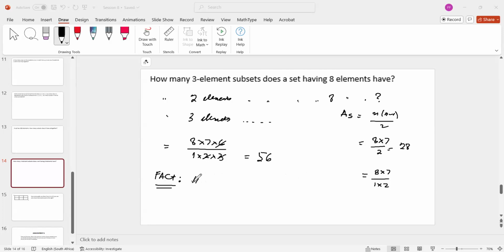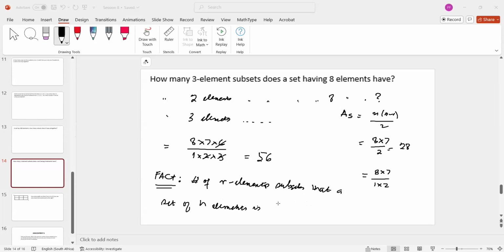The number of R-element subsets, in our example R is equal to 3, that a set of n elements has. Instead of 8, I'm going to put n. So I have a general formula. I've just told you, but let's just do this in the general case.